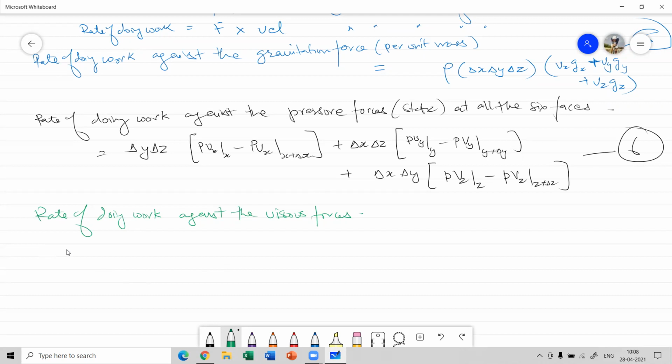So for the viscous forces, first, for the x component, it will be delta y into delta z into tau xx into vx plus tau xy into vy plus tau xz into vz at x, minus tau xx into vx plus tau xy into vy plus tau xz into vz at x plus delta x.